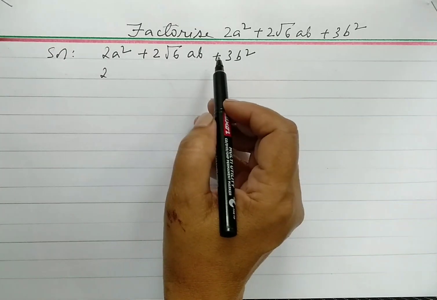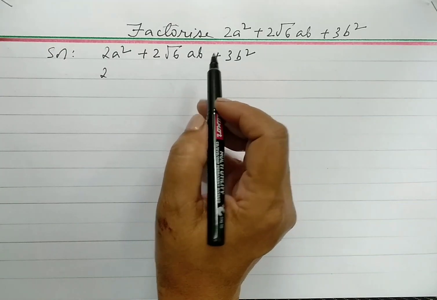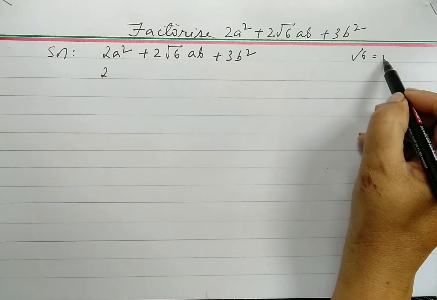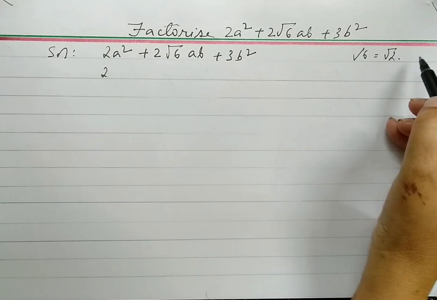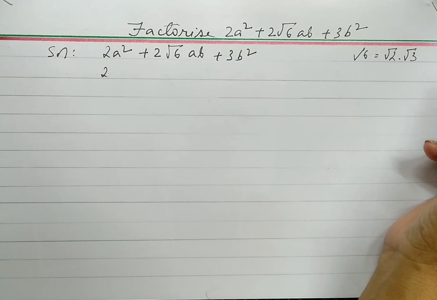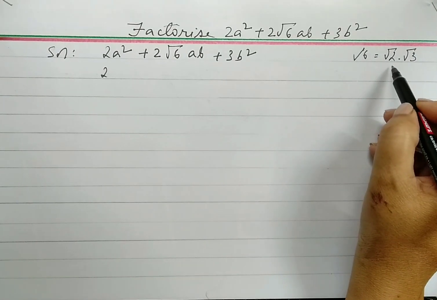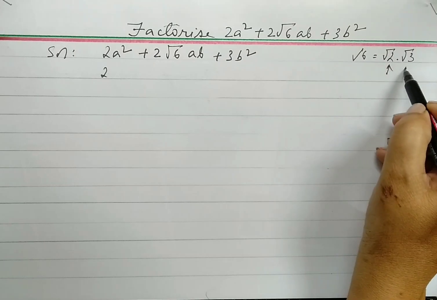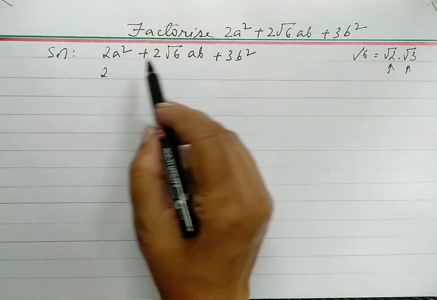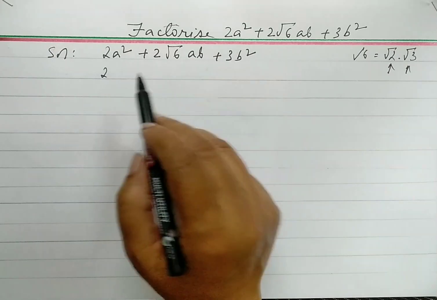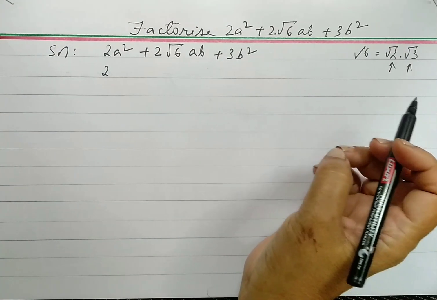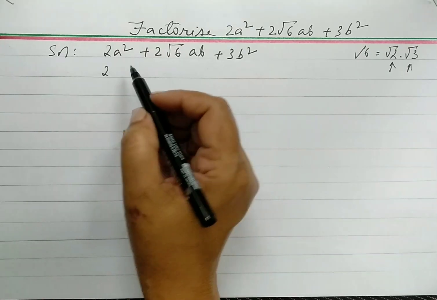So for understanding this, I feel that √6 can be written as √2 multiplied by √3 to make sense. And this 2 and 3 could be obtained from these two terms that we have on the extremes. Alright. So having said that, how do we go about it?